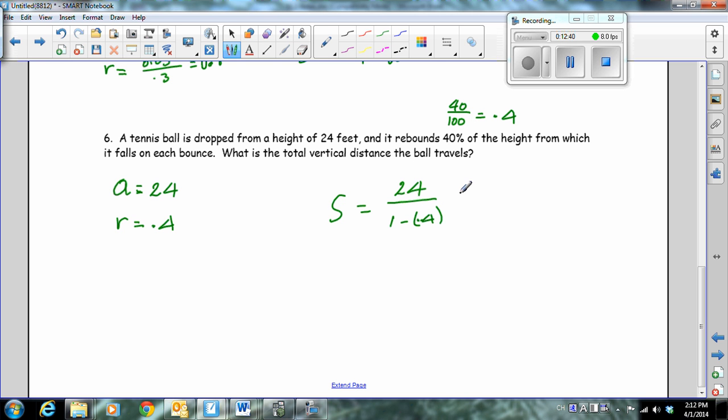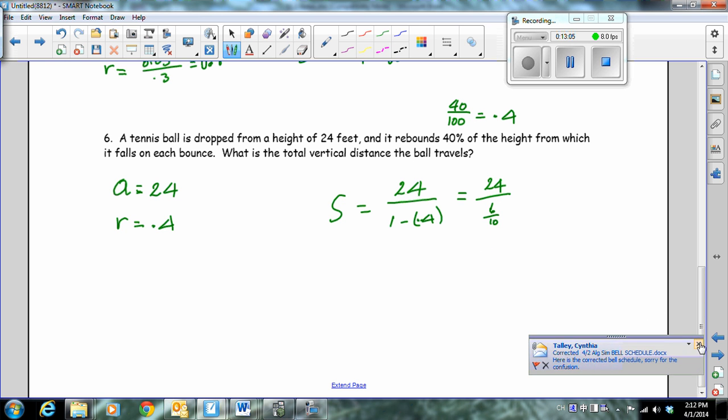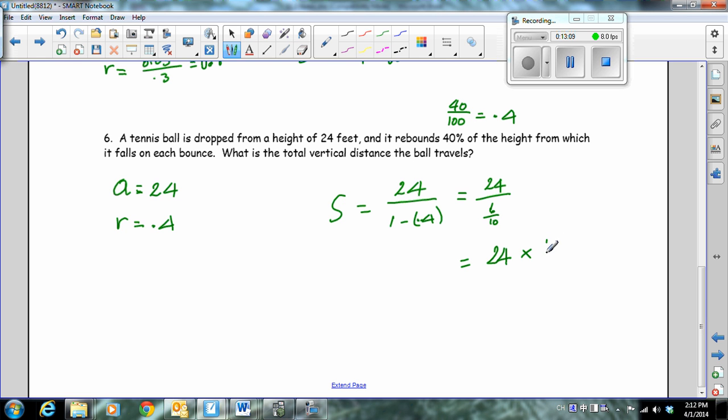That's 0.4. This is equal to 24 over 0.6, or 1 minus 0.4 is 0.6. So instead of 0.6, I can put 6 over 10. And then I will do a copy change flip to get 24 times 10 divided by 6.